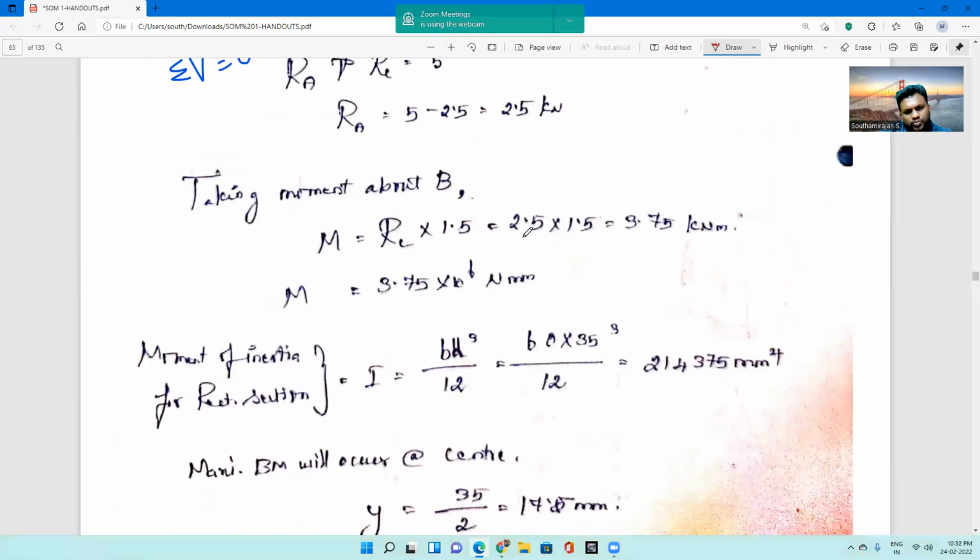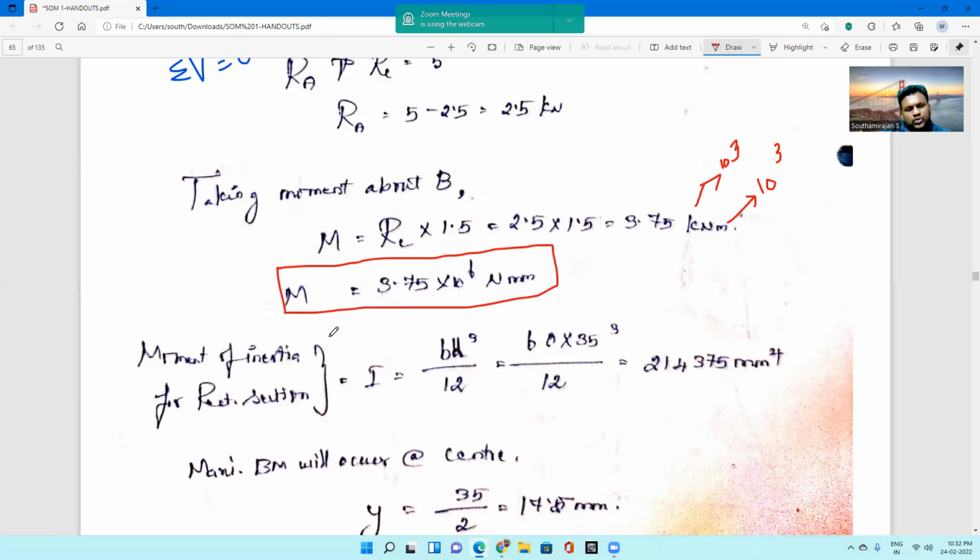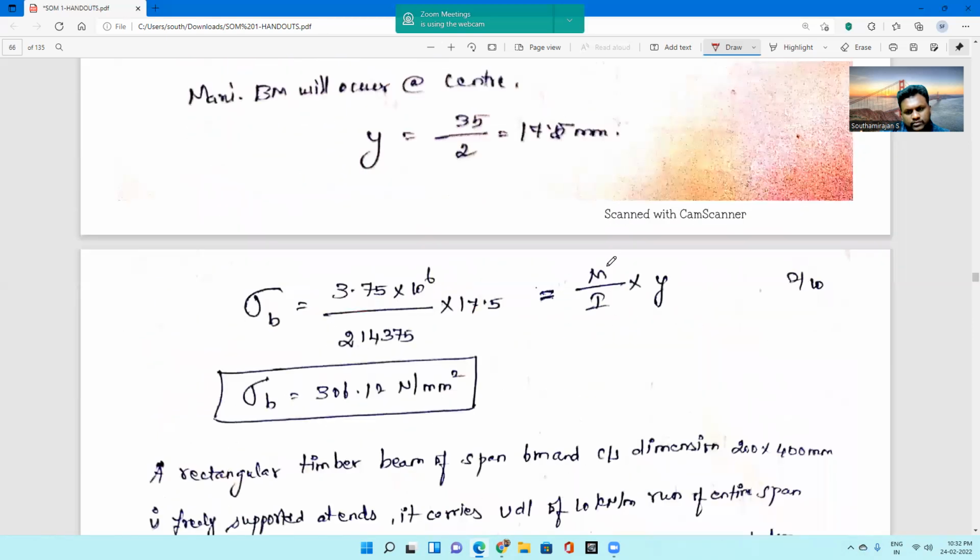RC value is 2.5 into 1.5, and we obtain the moment value as 3.75 kilonewton meter. We know that 1 kilo is 10³, and the meter is converted to mm by another 10³. So the moment equals 3.75 × 10⁶ Newton mm. So we have calculated the moment value.